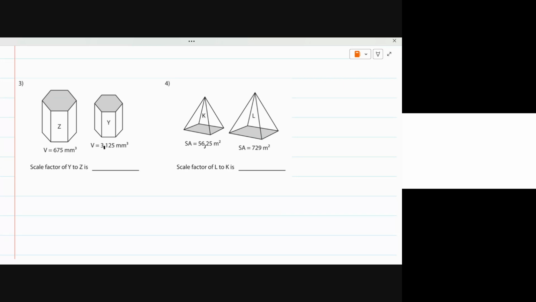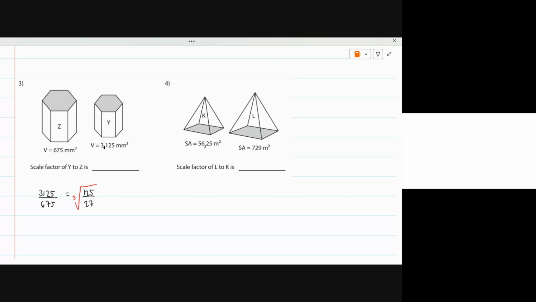All right, peeps, let's have a look at these questions. Okay, so in order for us to find the scale factor, I'm going to take 3,125 divided by 675. And what I get is 125 over 27. I'm going to take not the square root, the cube root of this answer.